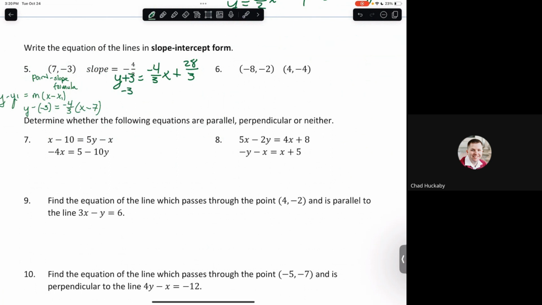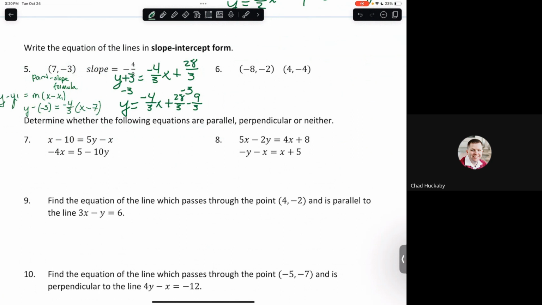Then we subtract 3 from both sides. And 28/3 minus 3/1. We still get y equals -4/3 x plus 28/3 minus 9/3. 9/3 is the same thing as 3.